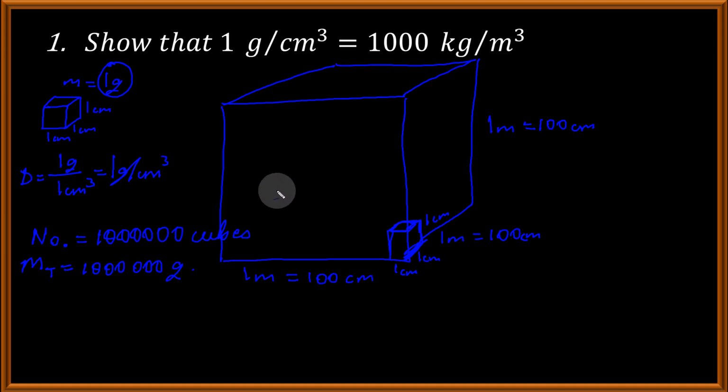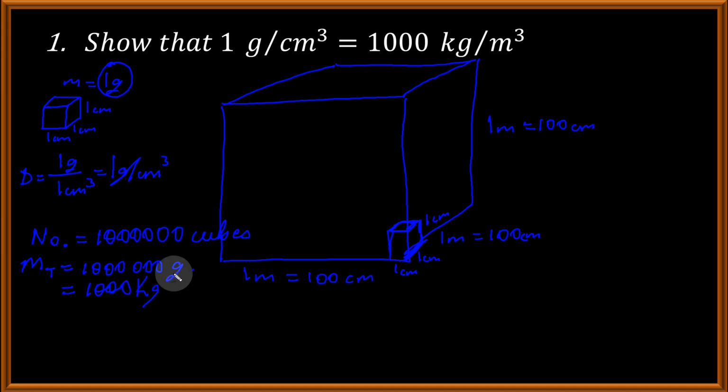That will be the total mass here. 1 million grams is the same as 1,000 kilograms, because I just need to divide by 1,000 to get 1,000 kilograms.